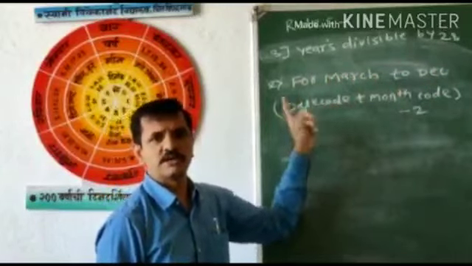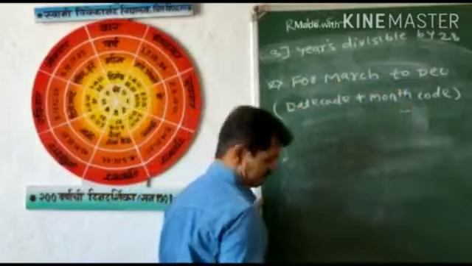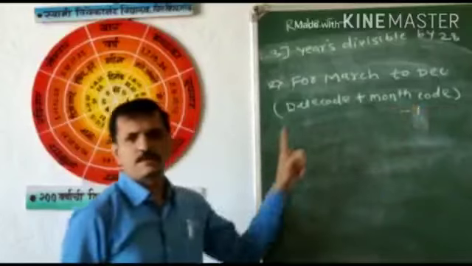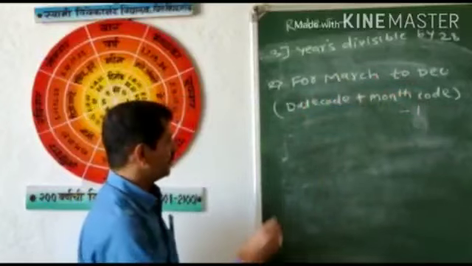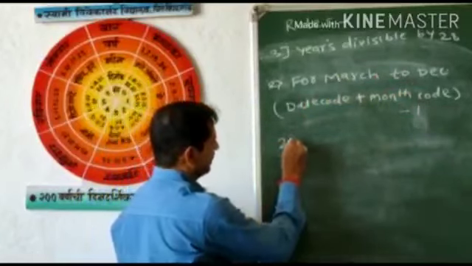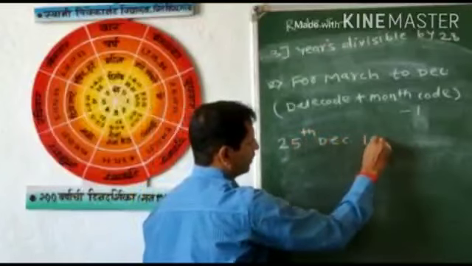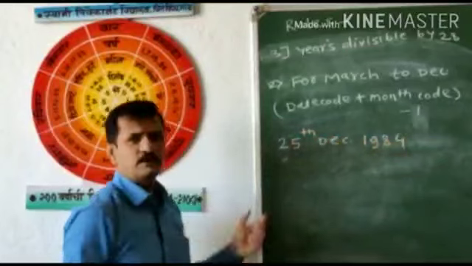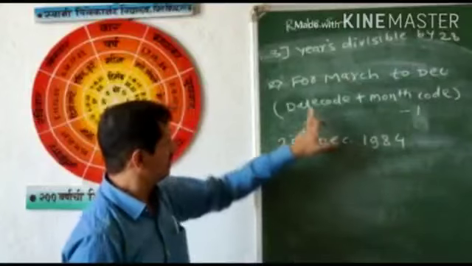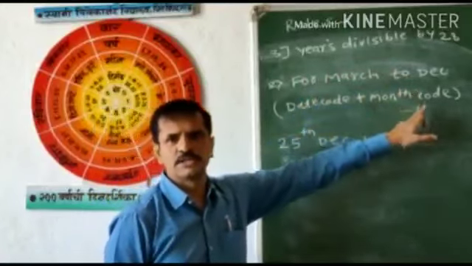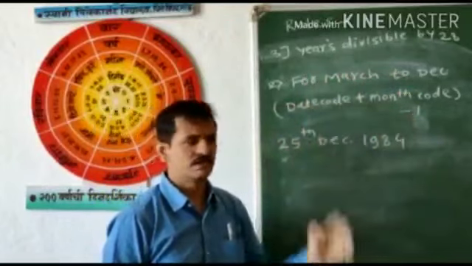That formula is date code plus month code minus 1. Suppose 25th December 1984. Now we have to find what is the day on 25th December 1984. We just find date code, then month code, and from the sum of date code and month code we subtract 1.